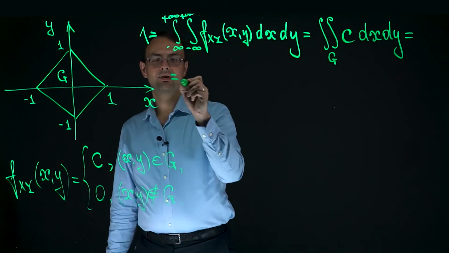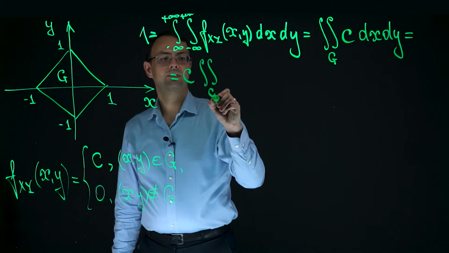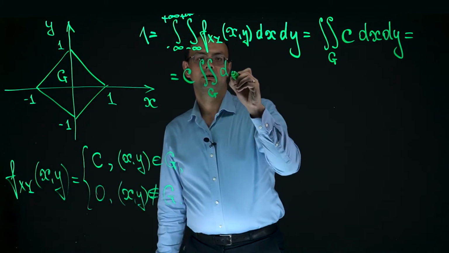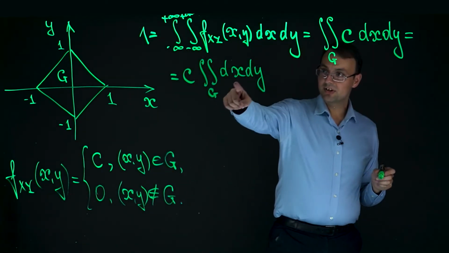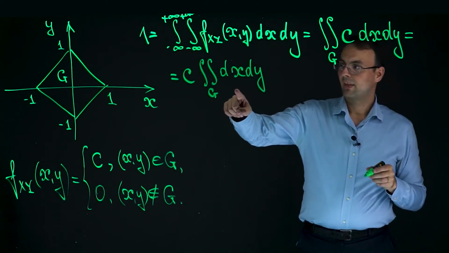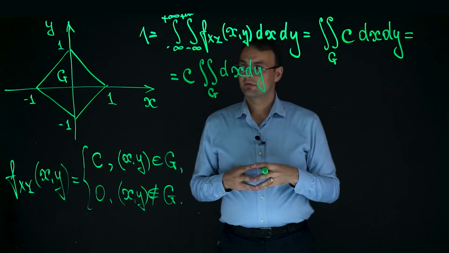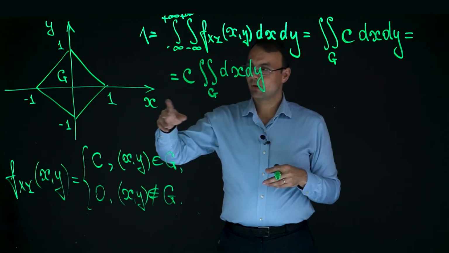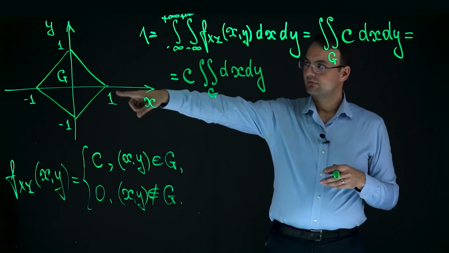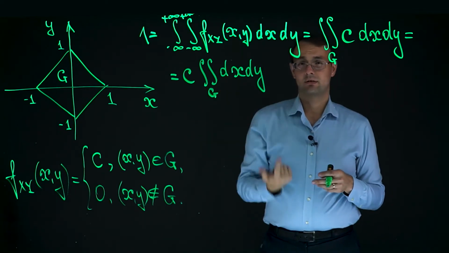Or we can say that this is C times the integral over G dx dy. What is this? This is an integral over region G of 1.